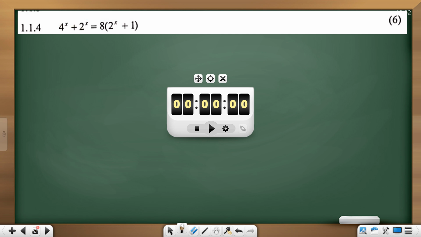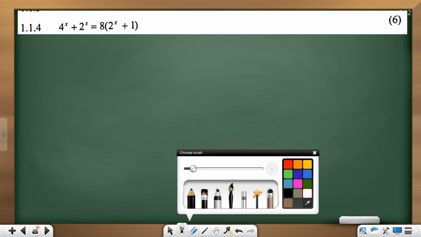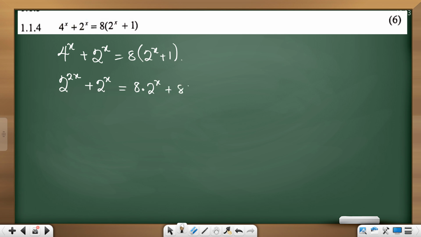Let's see quickly. What would I do here? Looking at this, I would always work with a prime base. So I have 4 to the power x plus 2 to the power x equals 8. That's the question, 6 marks. So 2 to the power 2x plus 2 to the power x equals 8 multiplied by 2 to the power x plus 8.